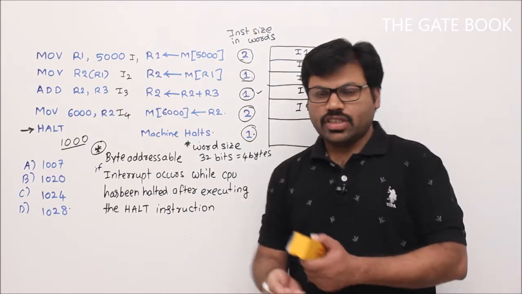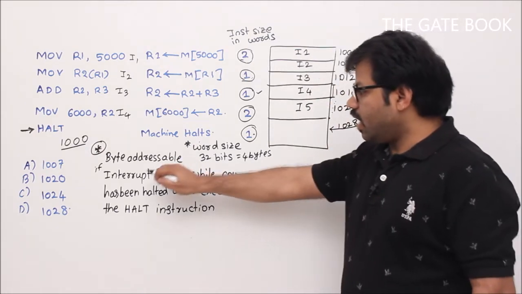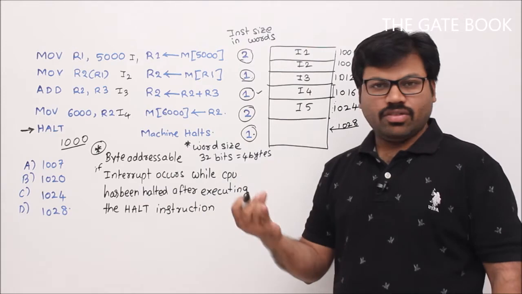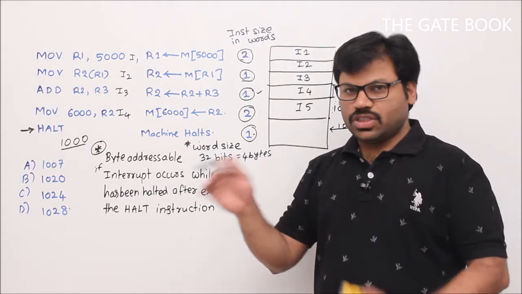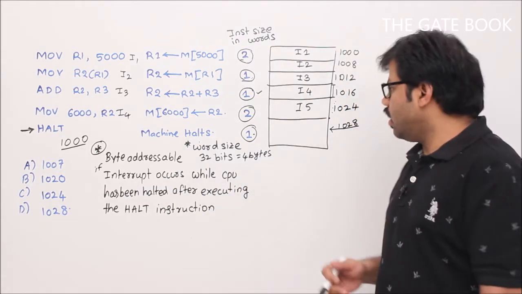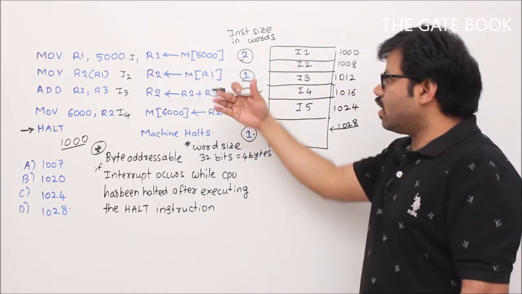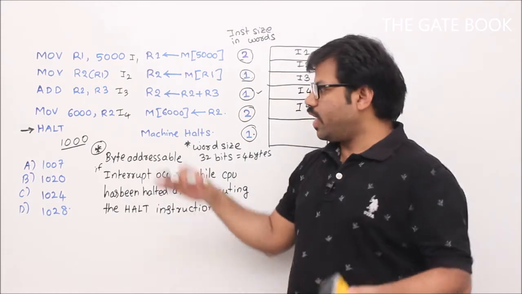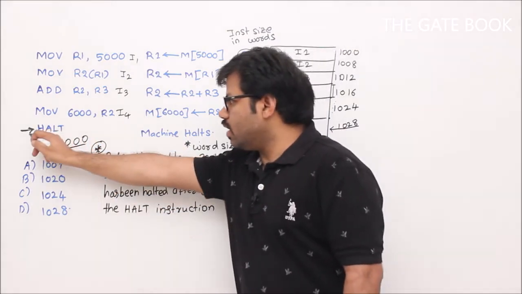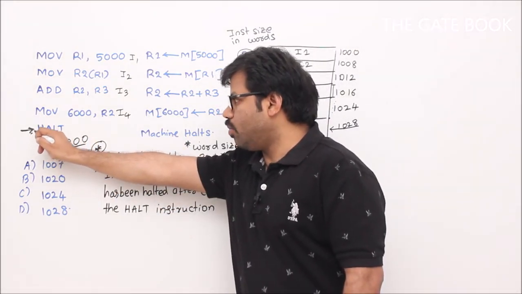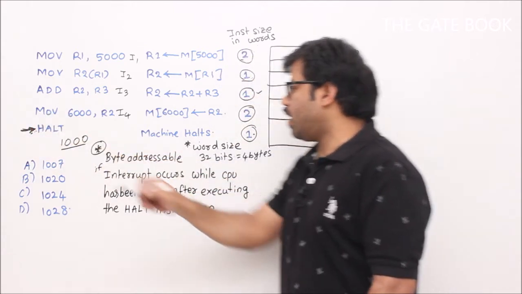Now the question is about whenever an interrupt comes, what is the return address which is stored in the stack pointer, correct? It's quite easy to see here. Don't worry about how to execute this program. Don't execute the program, because in the problem they clearly mention that you are executing the halt instruction.